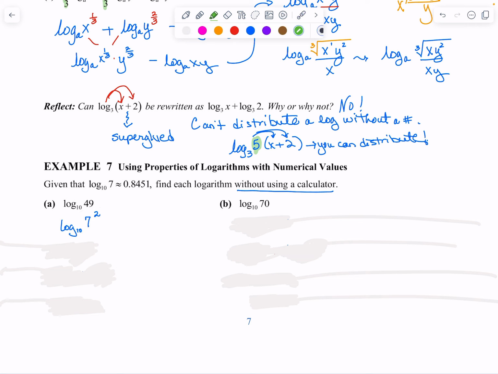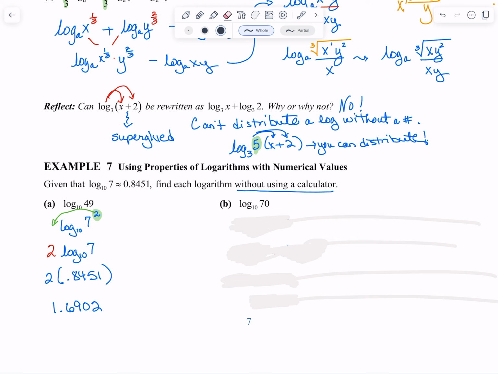And then notice I have an exponent. So I'm going to bring that exponent out to the front. So that's 2 times log base 10 of 7. Well, we know log base 10 of 7. So we just multiply 2 times that, 0.8451. So now we can find the log base 10 of 49.